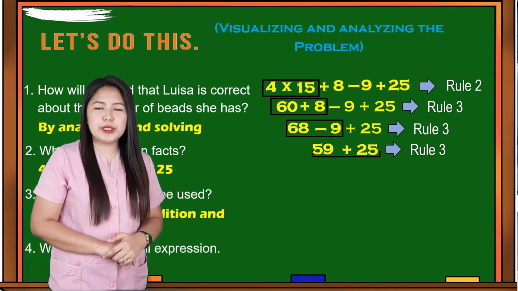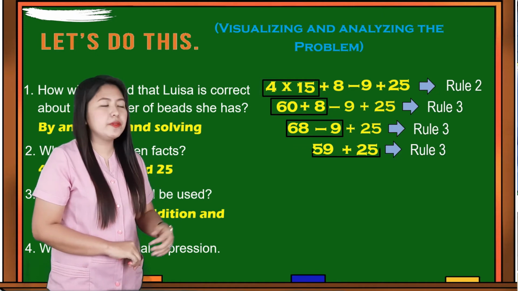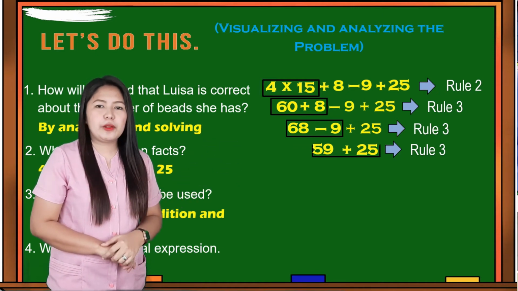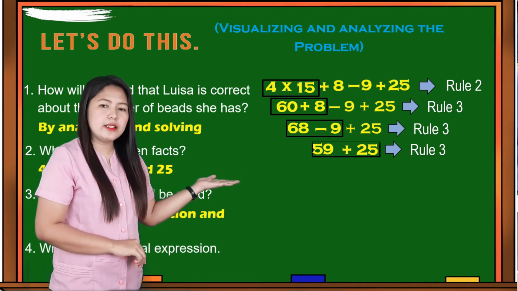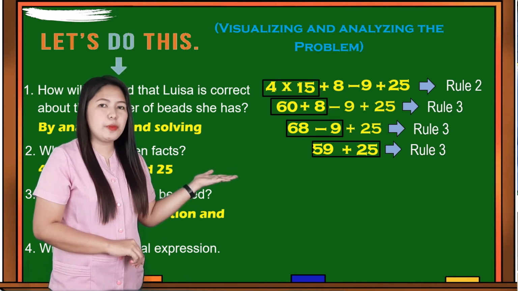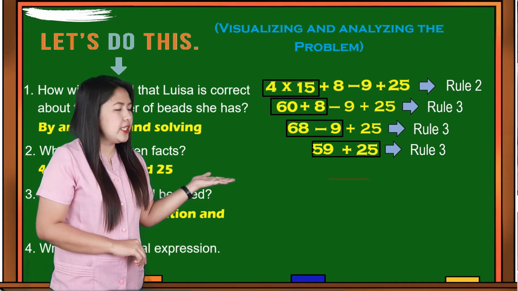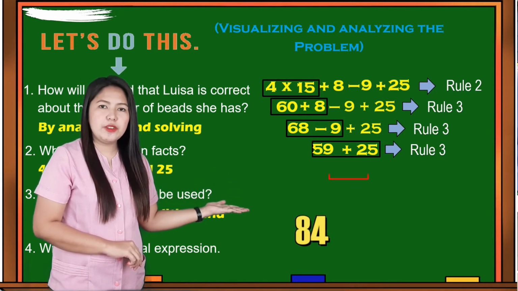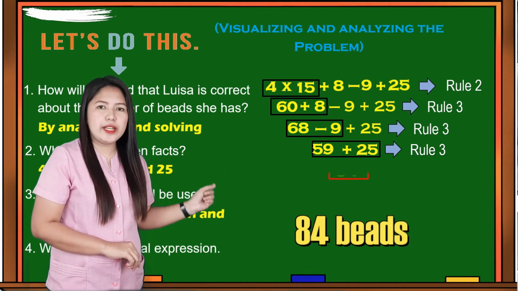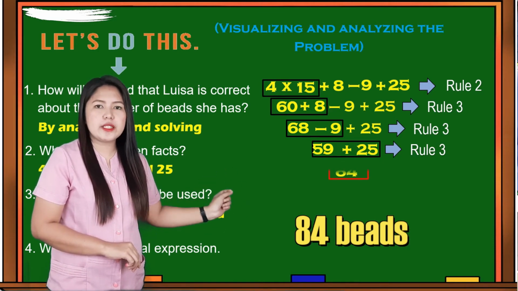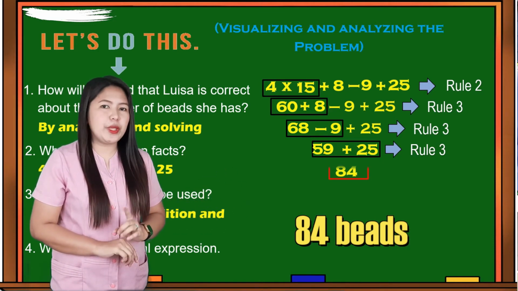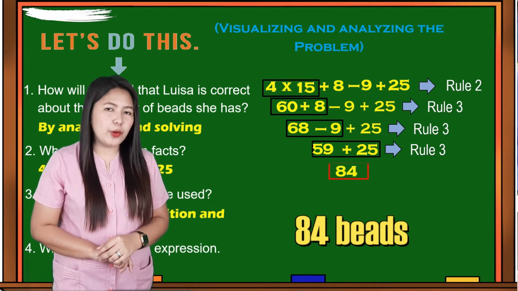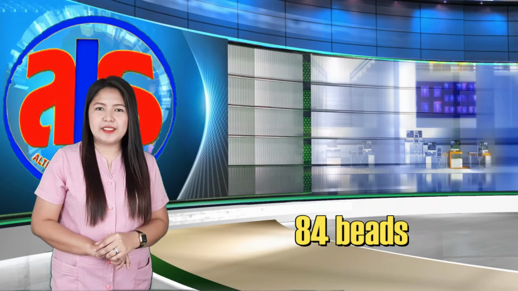And that is rule number 3. Bring down 25. So, lastly, dahil iisa na lang ang operation natin, 59 plus 25 is 84. So, ang ating final answer is 84. So, ibig sabihin, 84 beads na lamang ang mayroon si Luisa.